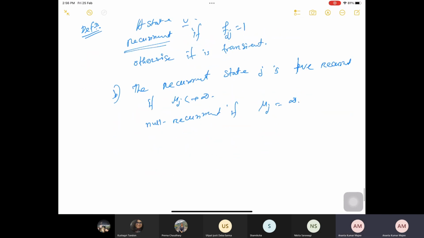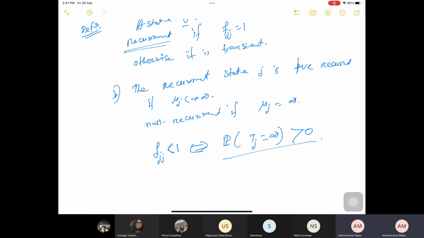Okay, so now one can check that f_jj is less than 1, which is not certain. This is equivalent to saying that the probability of T_j equal to infinity is positive. That means we consider T_j, which is the infimum of n such that X_n is equal to j given X_0 is equal to j.